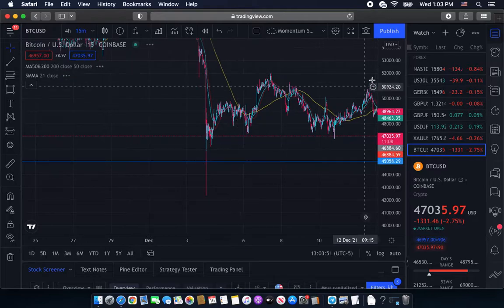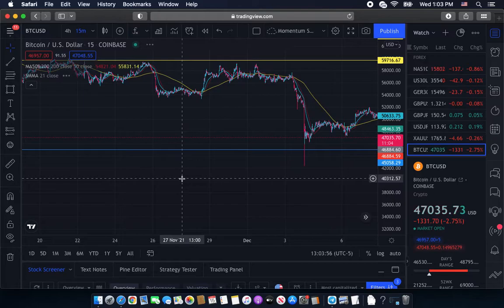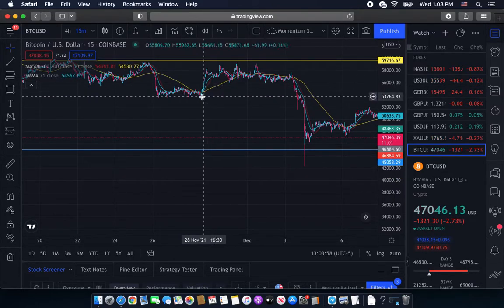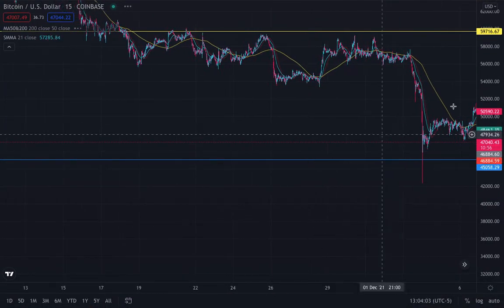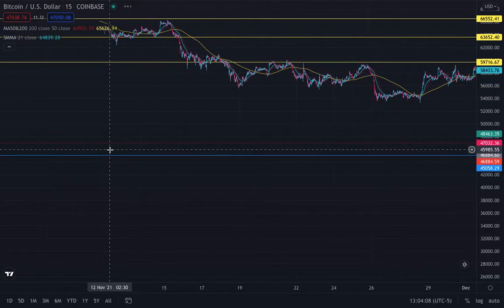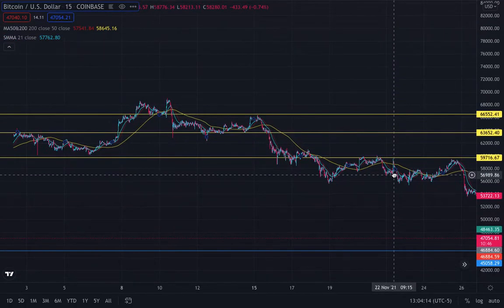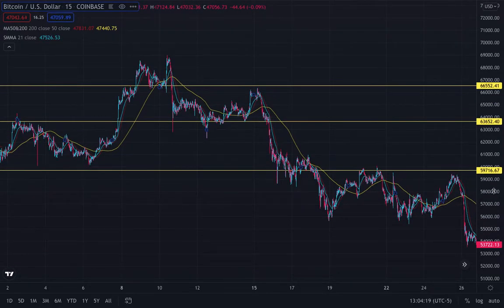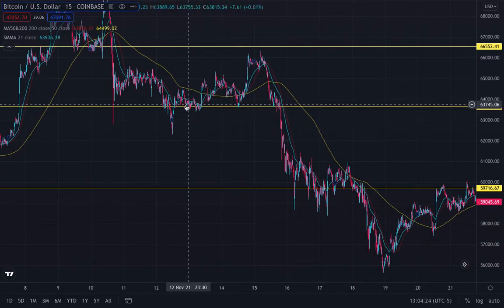Basically what we're looking for is not necessarily situations in which our SMAs have crossed and we know that we can buy or sell at that point, right? That definitely occurs, but that's not something that I'm looking for in these situations. What I'm looking for when I'm scalping Bitcoin or Ethereum, any cryptos, or really anything with this specific setup with these SMAs is basically, in this case, our two here, our red and our yellow.